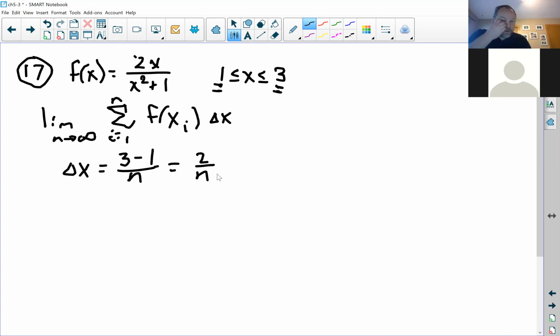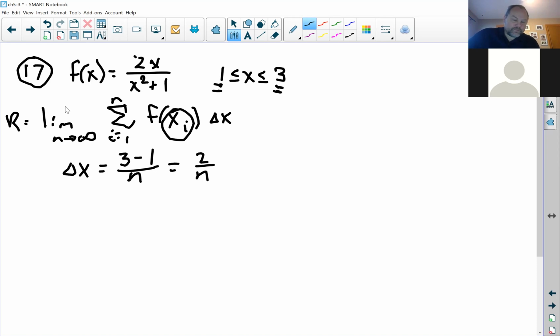So delta x is going to be 2 over n. The value we're going to plug in for our x sub i's, this was always kind of a right endpoint approximation.